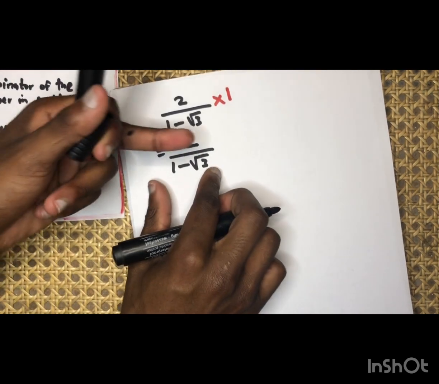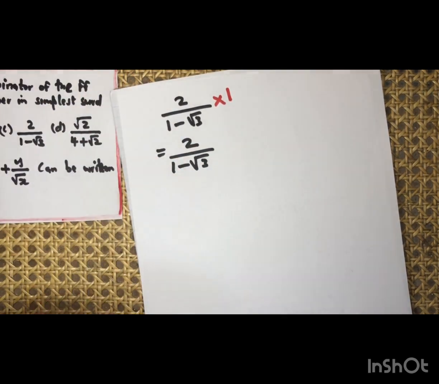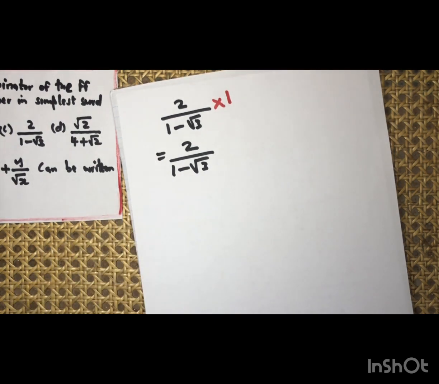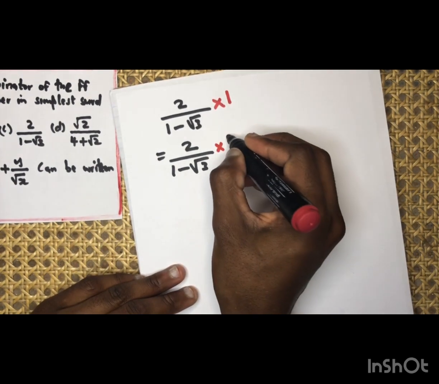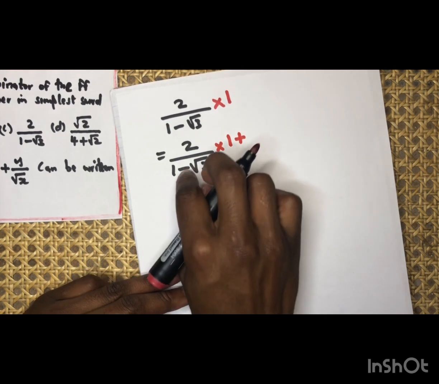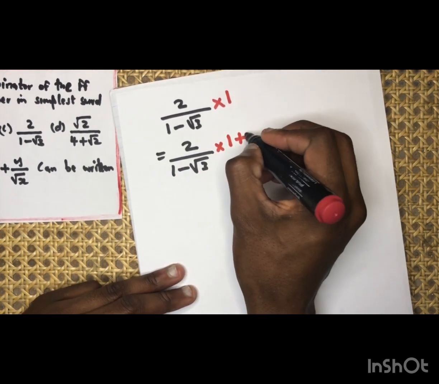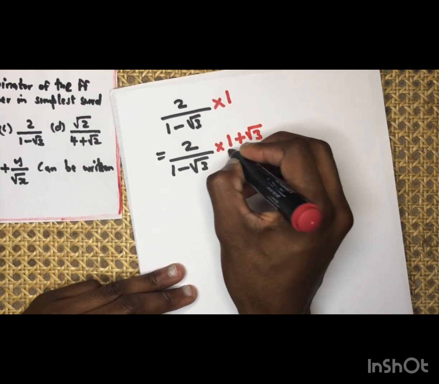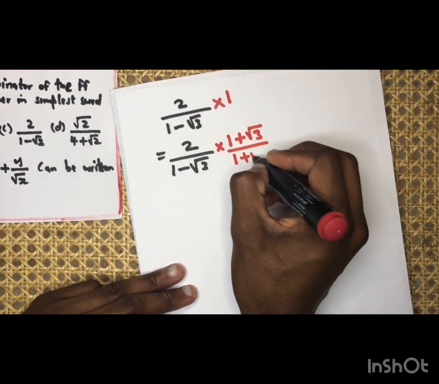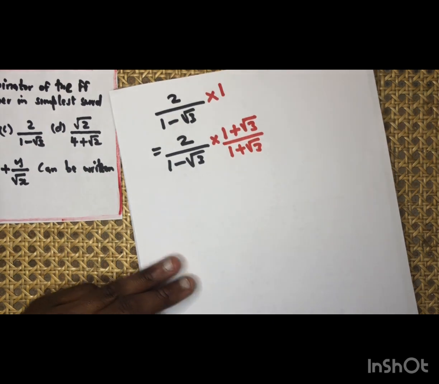Remember, if I rationalize the two terms here, then I change the sign between. So I'm going to say it's 1 plus, you change the sign. If it was plus, you were going to say minus here. So plus root 3 over 1 plus root 3. Understand?